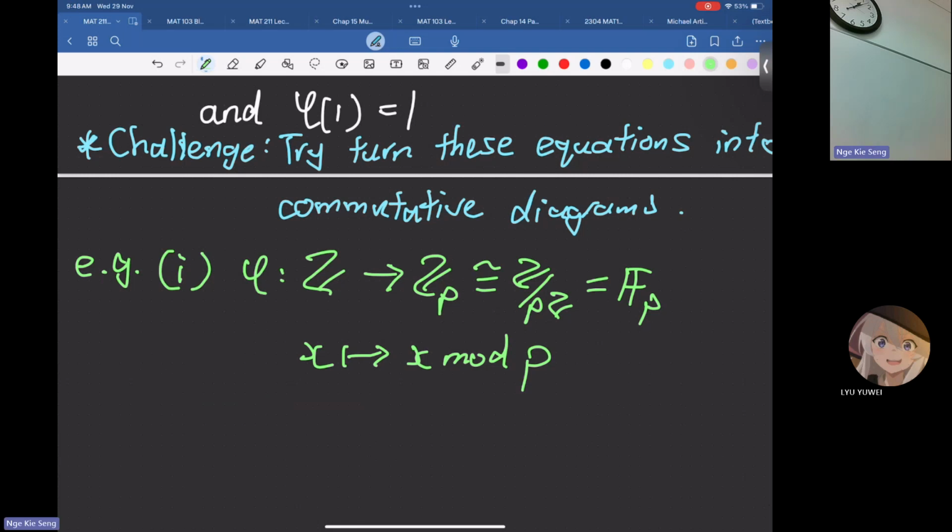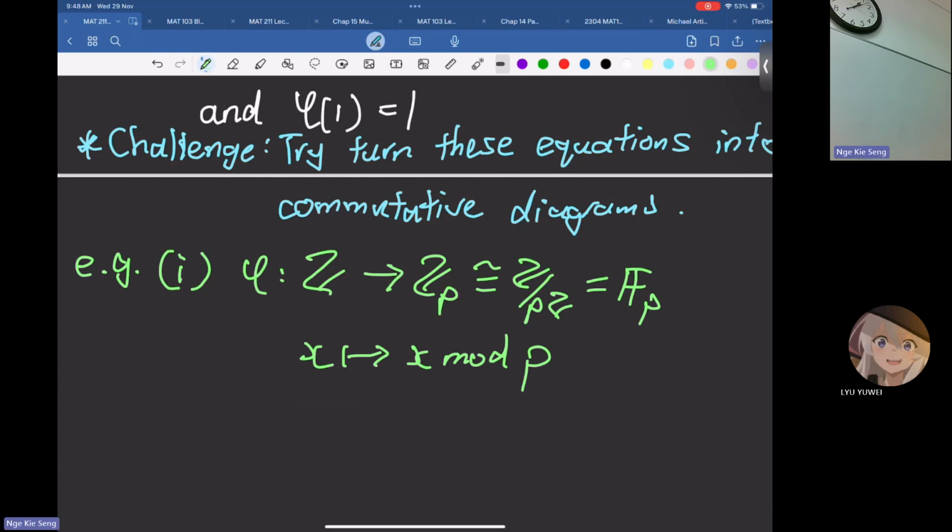Yes, one mod p is the identity. Then you need to check: is xy sent to xy mod p, and is xy mod p equal to (x mod p times y mod p) mod p? This is the thing you see in number theory.